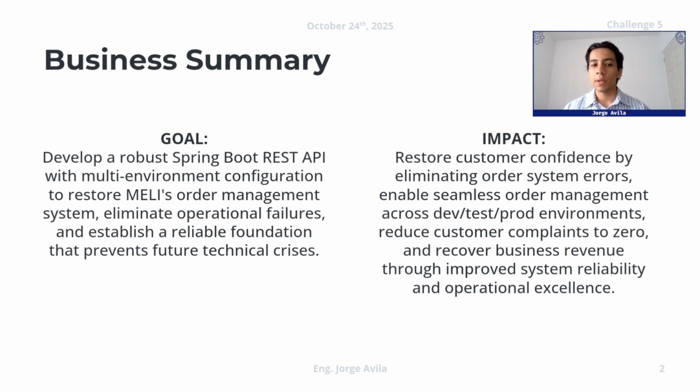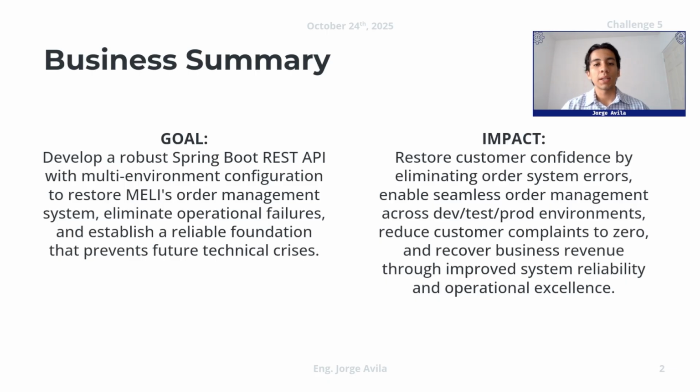Boot REST API with multi-environment configuration like development, production, and testing to restore Melis order management system, eliminate operational failures, and establish a reliable foundation that prevents future technical crises.